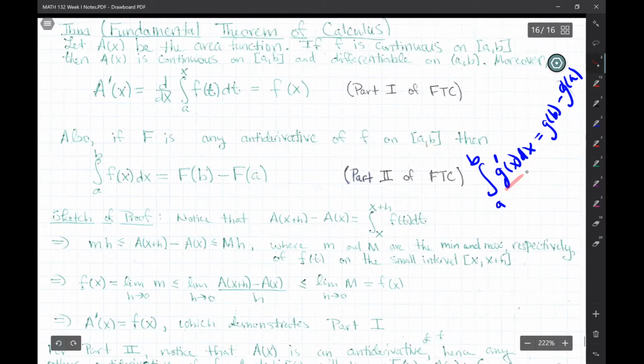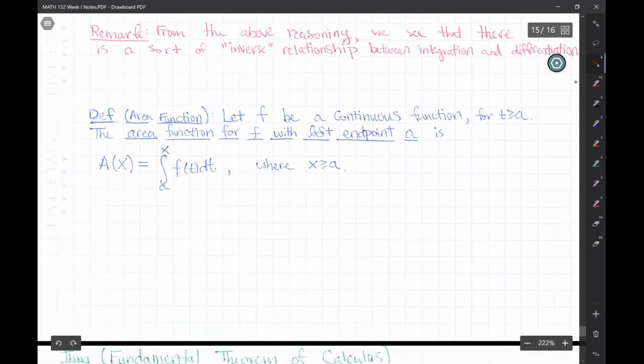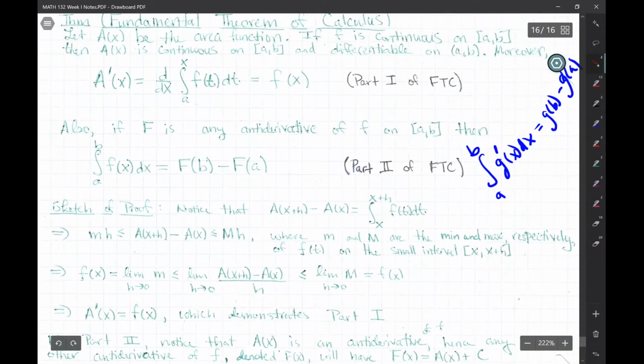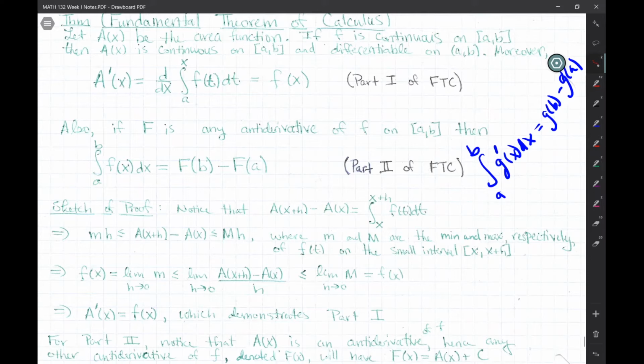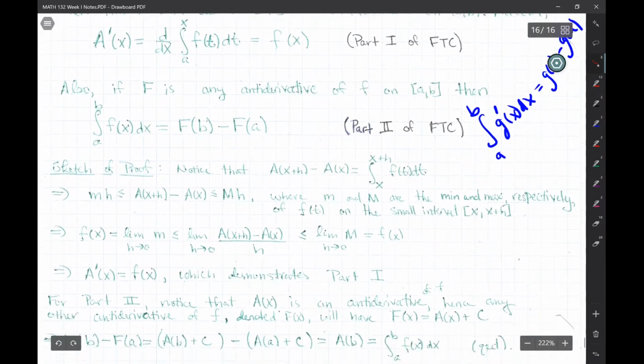So we're trading a derivative in the interior of the interval for an operation at the boundary. That simple statement that I just made has very deep implications, since it generalizes all the way up to graduate level mathematics, where the general Stokes theorem is discussed. But here we'll just settle with that simple result.